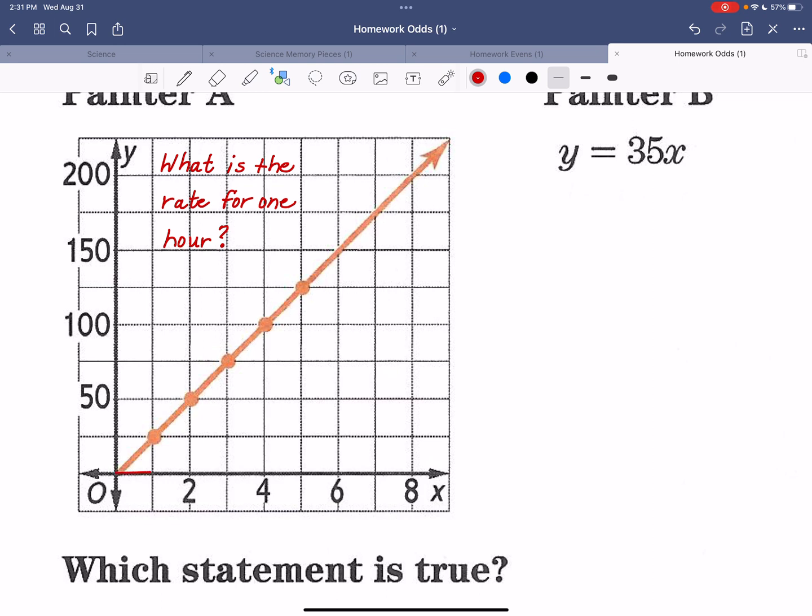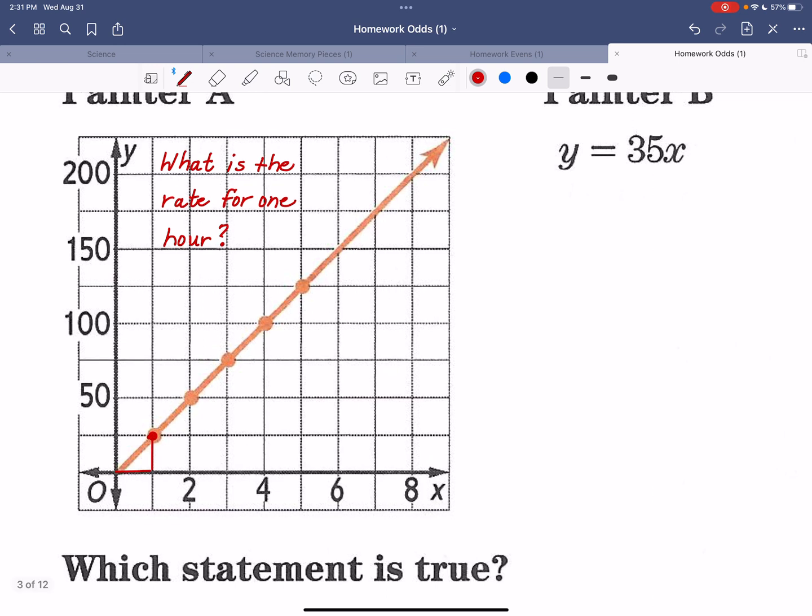If I go over 1 hour and I go up to that dot, that point, I know the rate. So it's going to be $25 for 1 hour. That's rise over run. You rise 25, you run 1. So $25 for 1 hour.